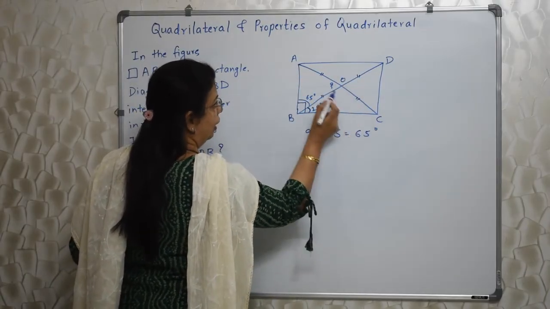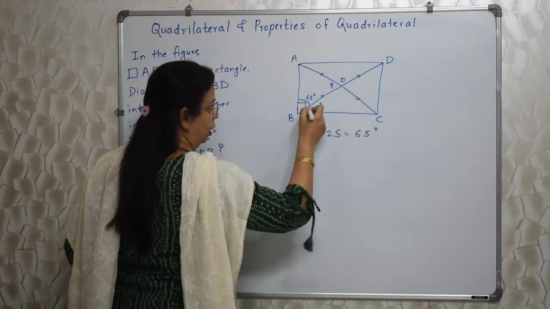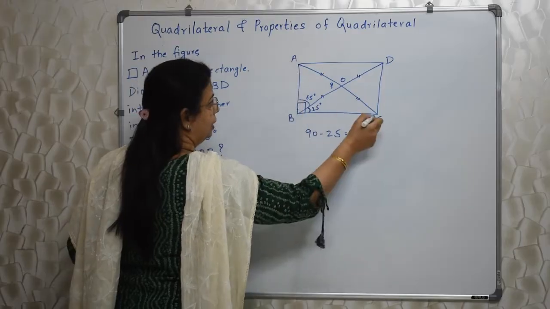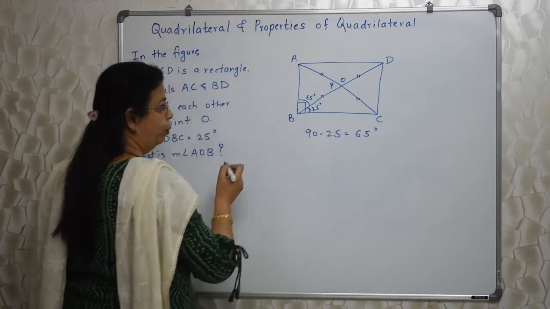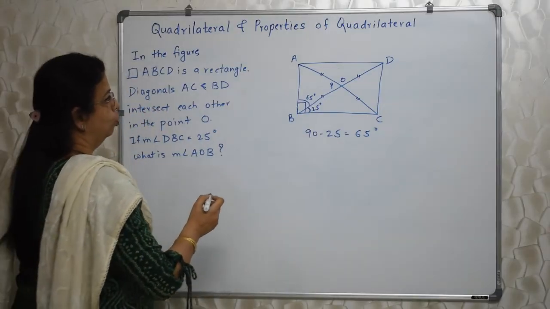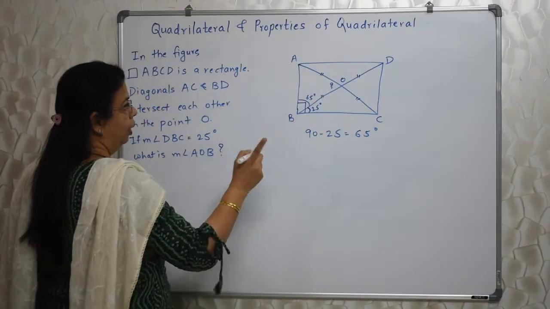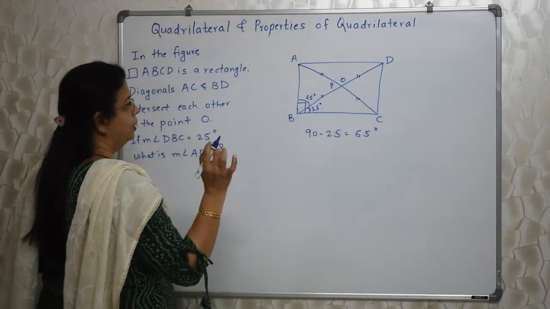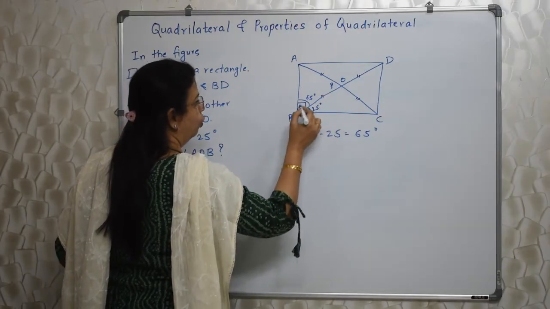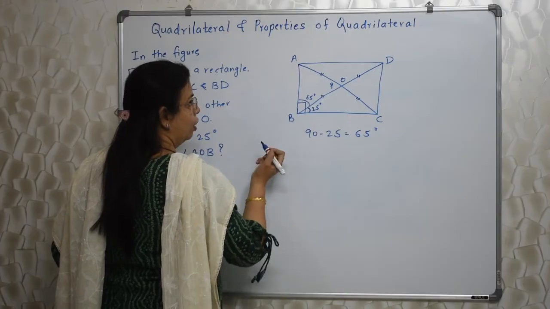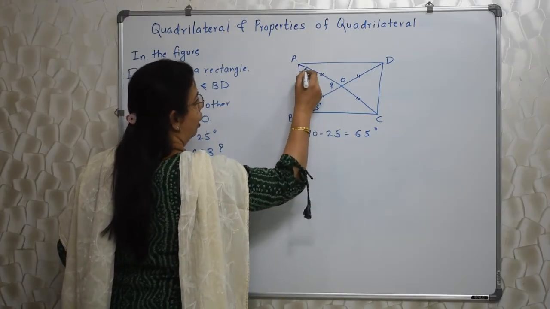AC is divided into half and BD is divided into half due to this intersection, and as AC and BD are the same, obviously their half portions are also going to be congruent, right? So AO and BO will be congruent. If you know this, your job is done. AO is congruent to BO, means opposite angles are also going to be equal. If this is 65, this also has to be 65.